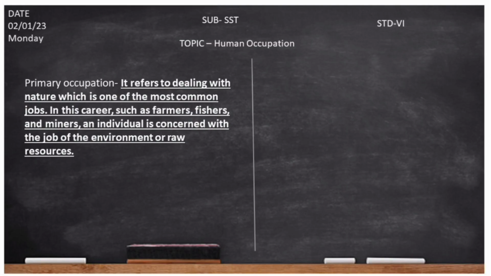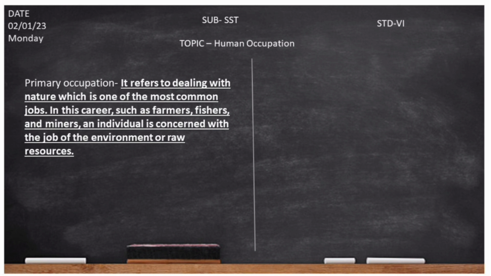Do you know which type of occupation it is? Now listen to me very carefully. We carry out activities to fulfill our needs. The activities or occupations that directly depend upon nature, meaning the obtained product comes directly from nature, are termed as primary occupation. Understood everyone?